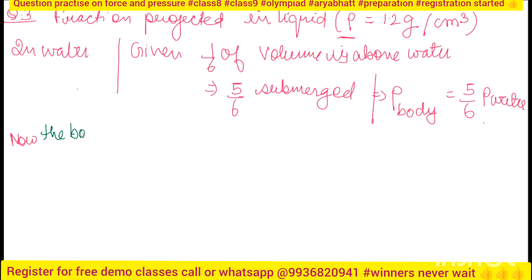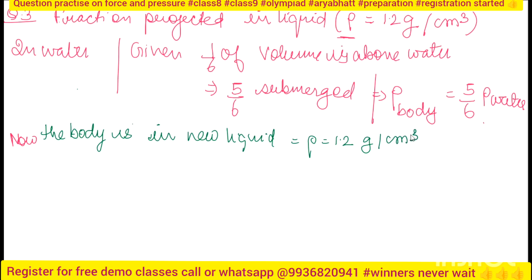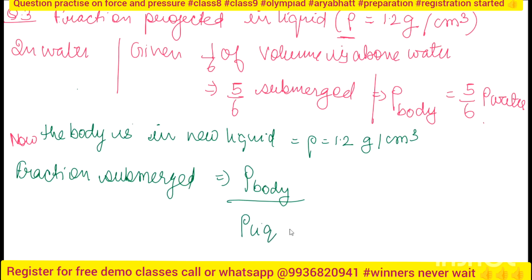Our task is to find the fraction submerged, which is rho of body divided by rho of liquid. So it is 5 by 6 into 1 divided by 1.2, which gives 5 by 7.2, approximately 0.6944. So the fraction above will be what?